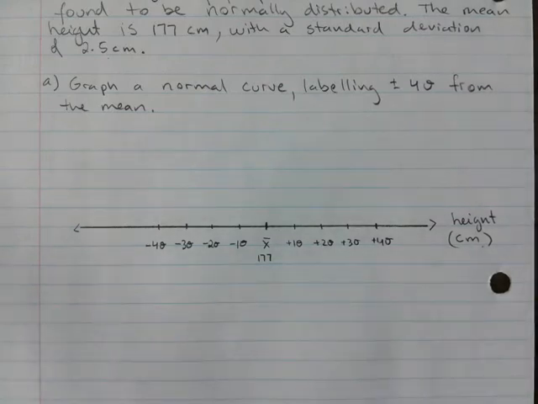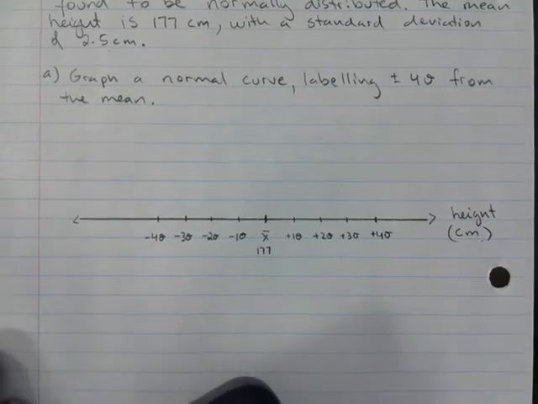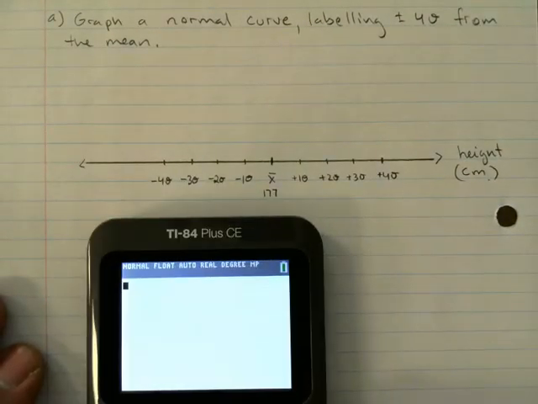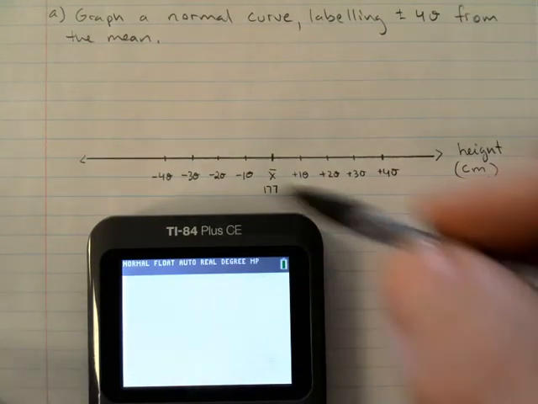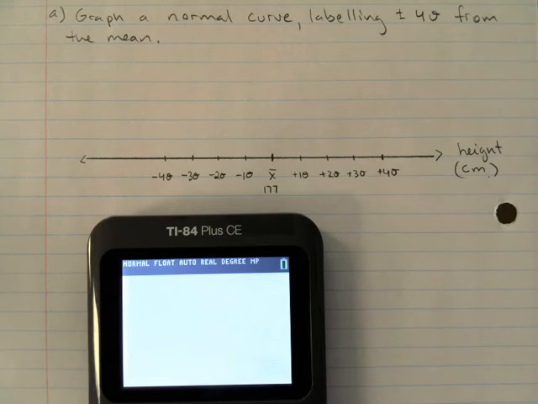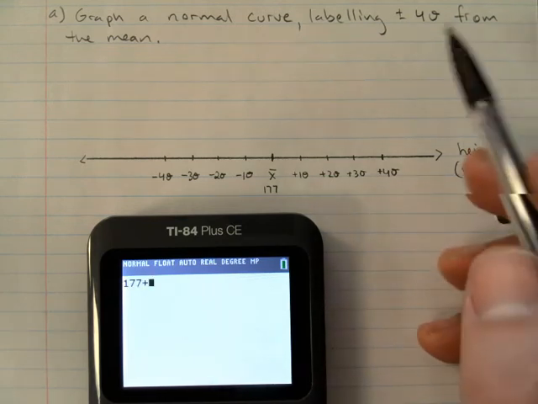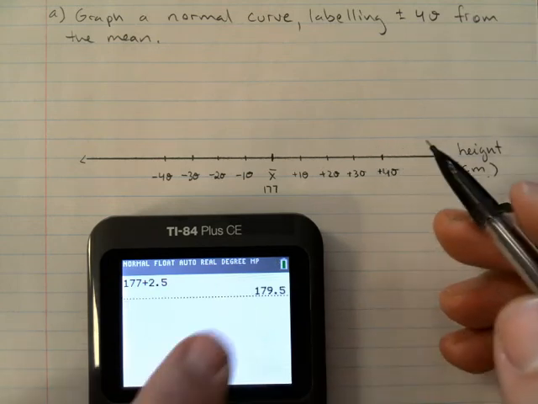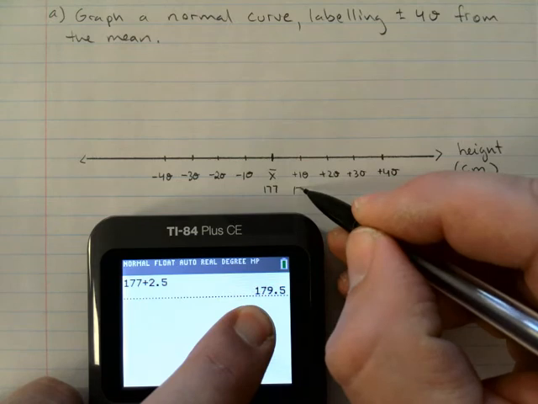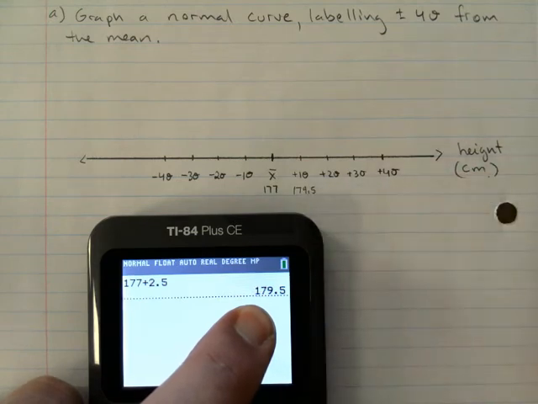And then you grab your calculator. I mean, you can do mental math, that's fine. But sometimes you will make a mistake and then everything is off, especially if you don't recognize that number that I'm asking for. So you go 177 plus the standard deviation, which is 2.5. So you add 1 standard deviation to get you to 179.5.